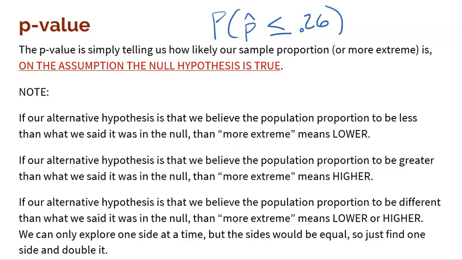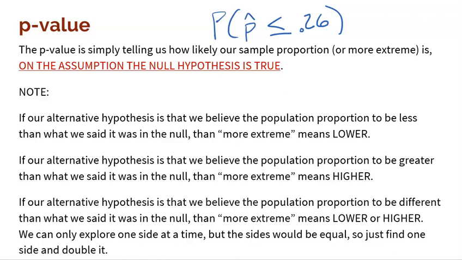Okay, so his sample was 26%. So we need to find the probability that a sample comes back equal or lower than that. Why am I looking lower? Well, go back to the null. The null was 35%, right? We believed it was lower. So that's why we're looking lower.